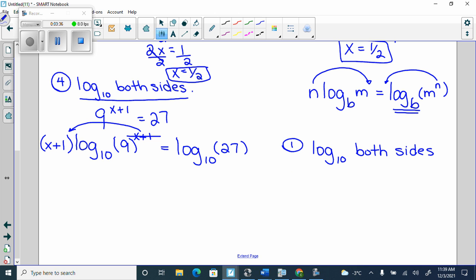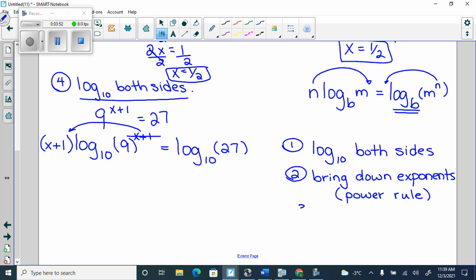And then your second step is going to be to bring down exponents by power rules. And then your third step is going to be to distribute the exponent.